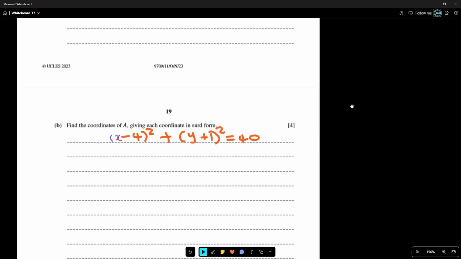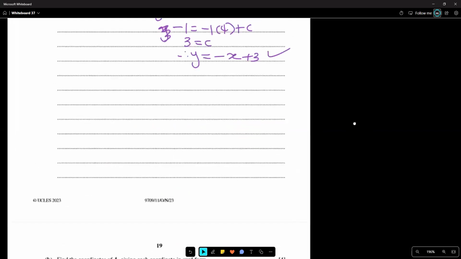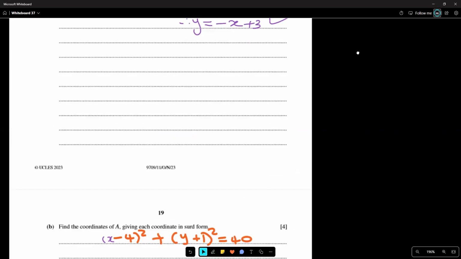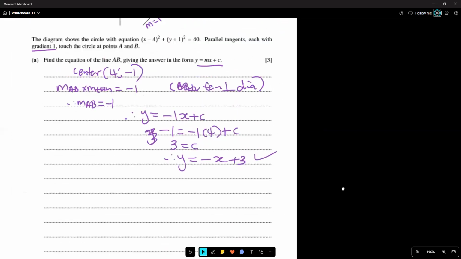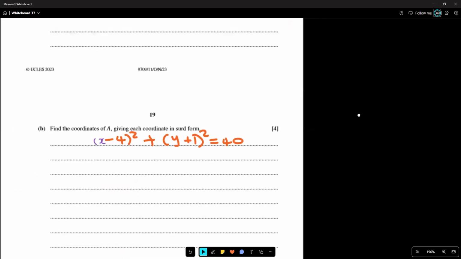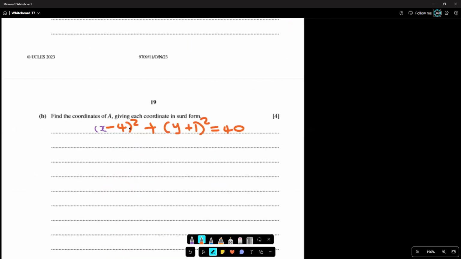Let's just verify that I copied it properly, because I'm just saying it. (x minus 4) squared plus (y plus 1) squared equals 40. Okay, that's correct.